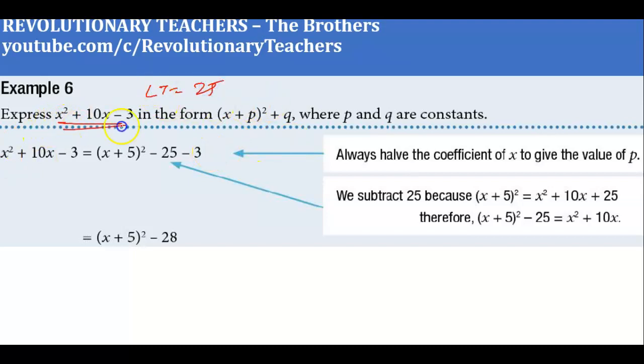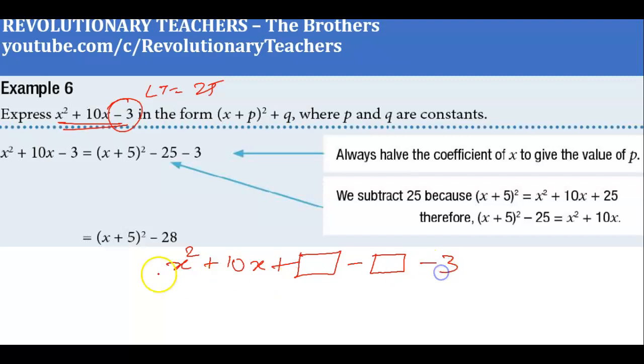So I will write this expression as x square plus 10x. Now we are going to add the last term, and the same last term we are going to subtract. And what about this minus 3? Keep it at the end. The last term was 25. I added it over here and then I subtracted it.